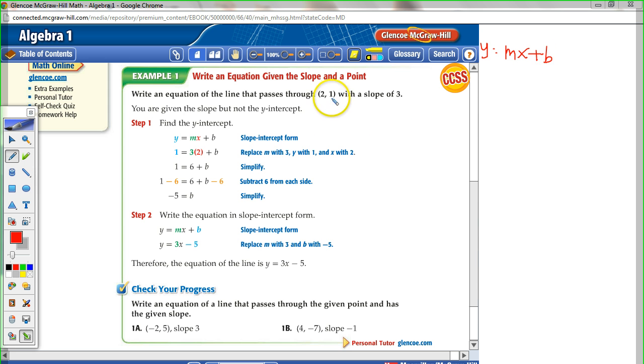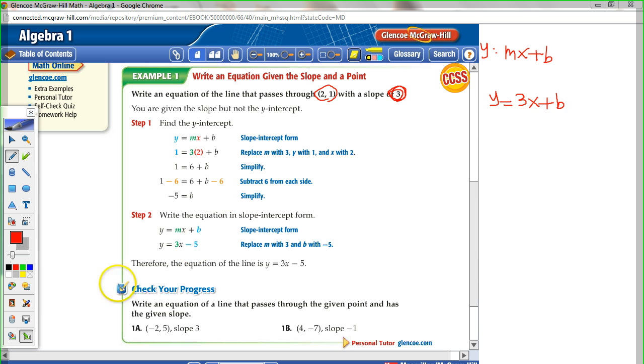Okay, and they're telling you it passes through (2, 1) and has a slope of 3. So we already know slope right here. They're giving us the m is 3. So you're going to rewrite the equation: y equals, not mx now, we have 3x plus b.